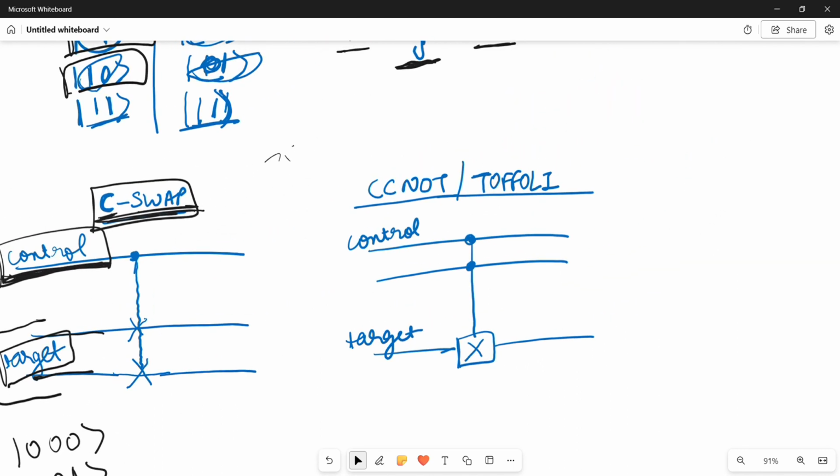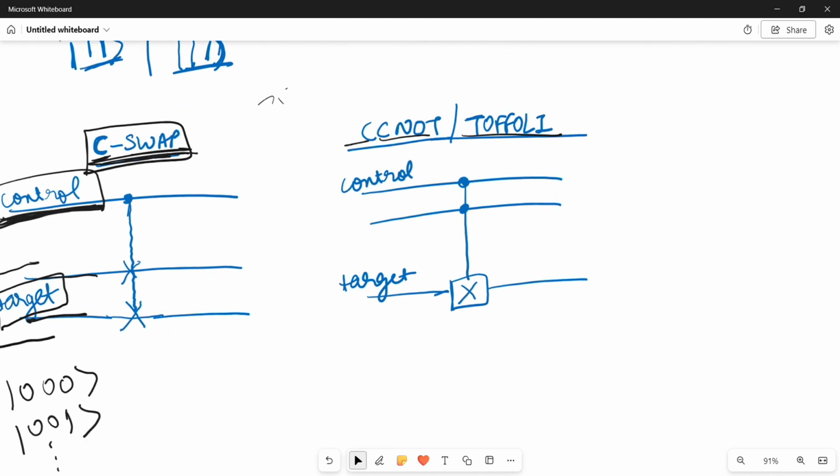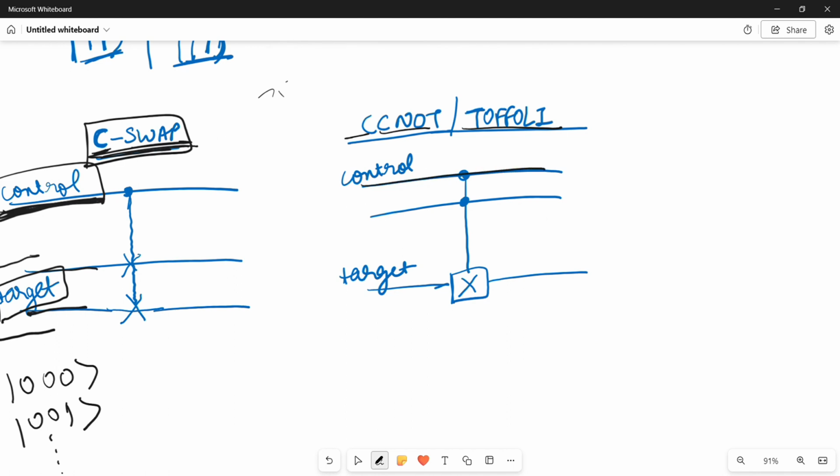And next is the C naught, or Toffoli, the controlled controlled NOT gate. Here we have two control lines. In C swap we have two target lines and one control. In this one, we have two control lines and only one target line. The target qubit is flipped only if both controls are 1, otherwise it remains as it is.